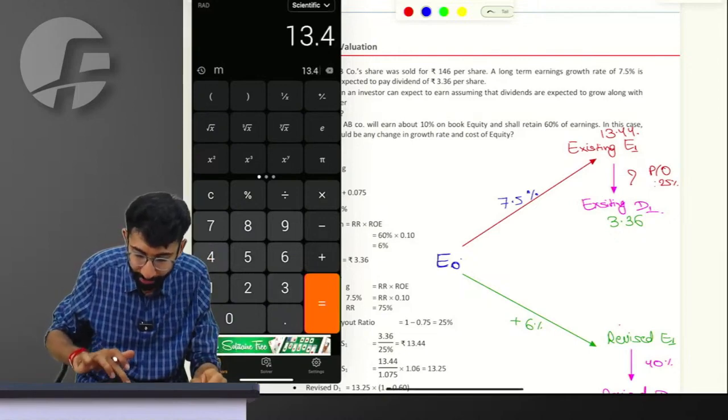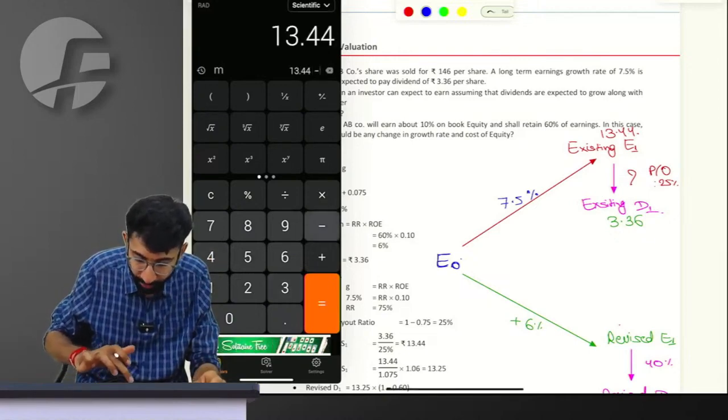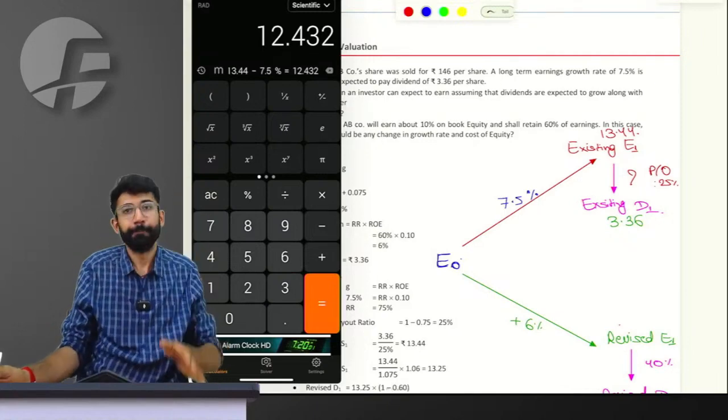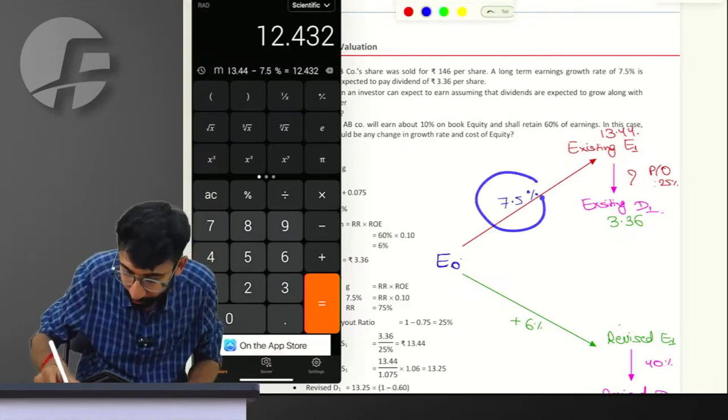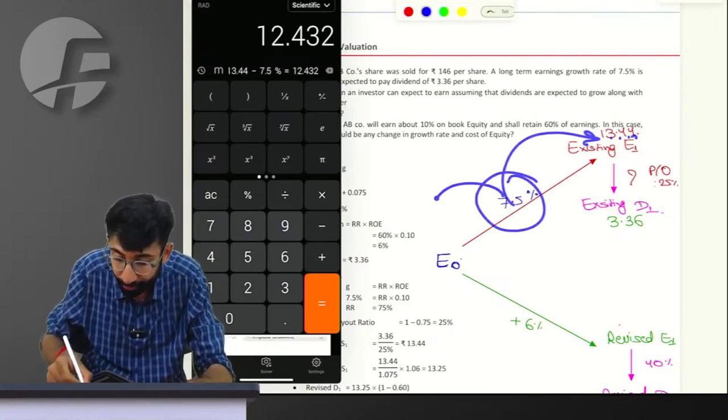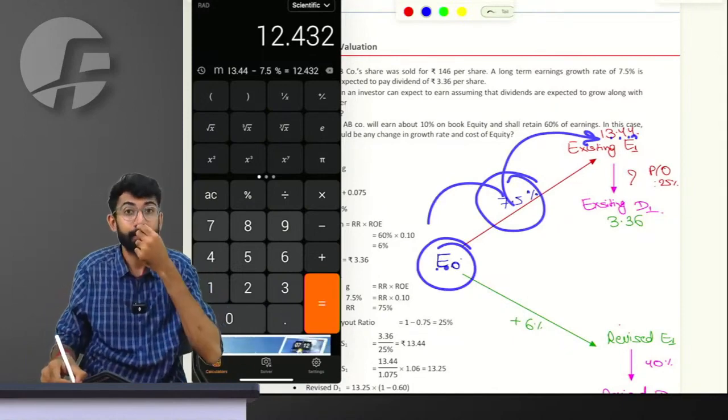Those who are thinking it is 13.44 minus 7.5%, they are thinking absolutely incorrect. It is not a growth of 7.5% to be deducted from this. It was a growth of 7.5% which was to be added on this.